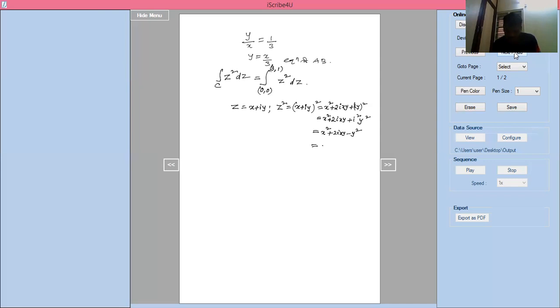Now this is x square minus y square plus i into 2xy. This is the value of z square.